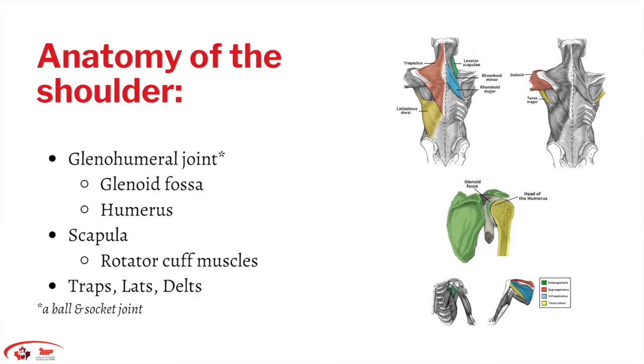All of these you can see in the illustrations to the side. They all play a big role in the shoulder as well as the movement capabilities that it has access to. Because it is a ball and socket joint, it's quite different than what we saw from the spine.